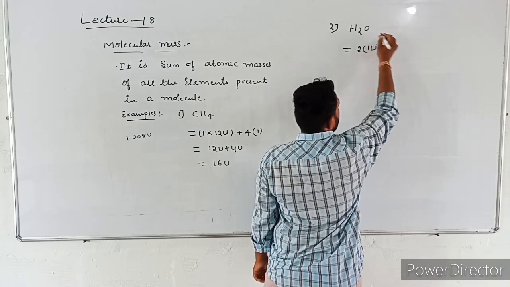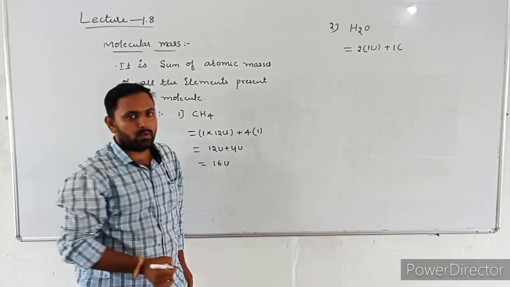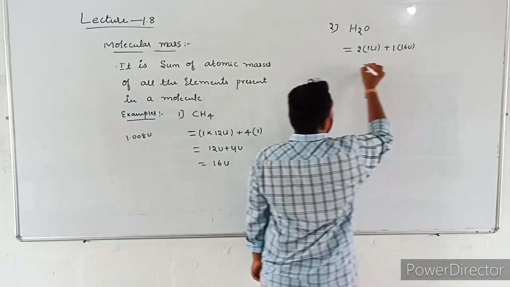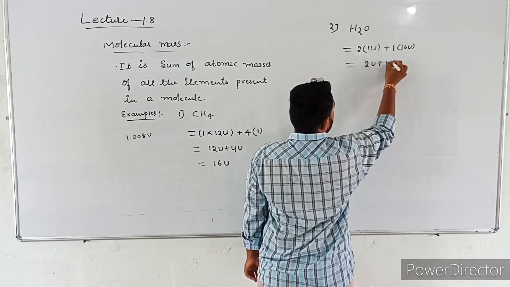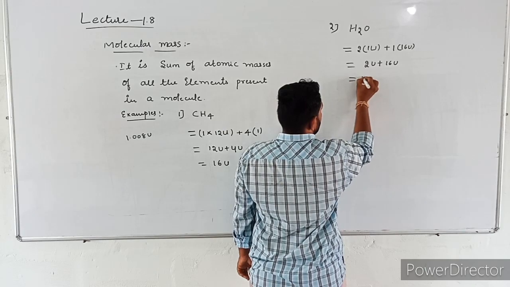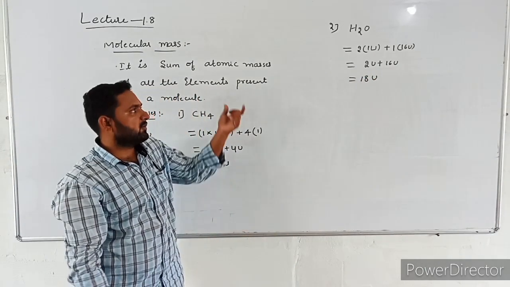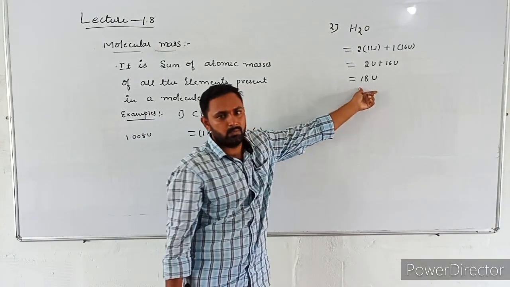Plus, how many oxygen atoms are there? One oxygen atom. Then what is the atomic mass of one oxygen? 16U. Now you simplify this one. 2 × 1 = 2U plus 16U. Total 18U, unified mass. What is the molecular mass of water? The molecular mass of water is 18U.